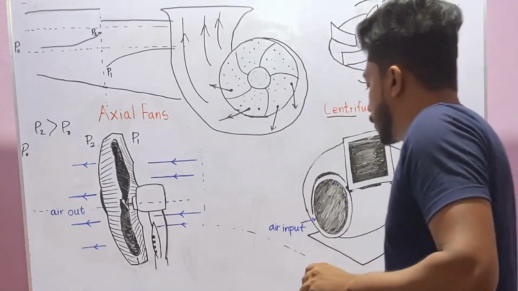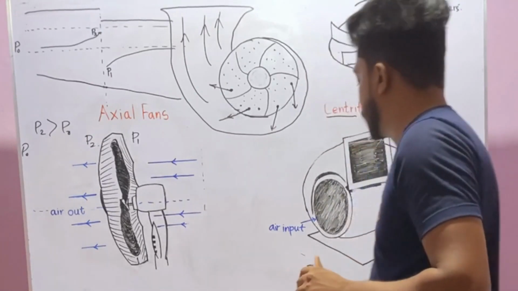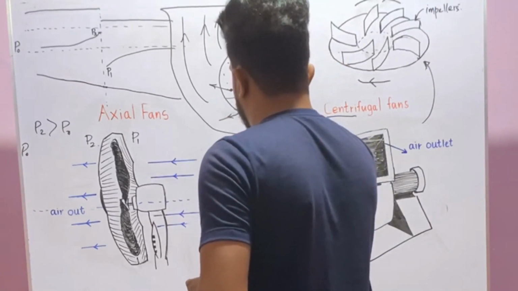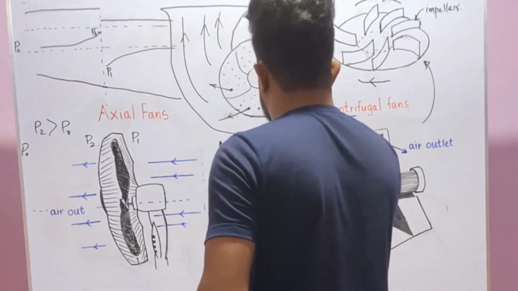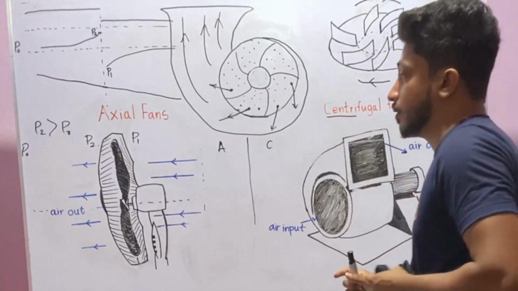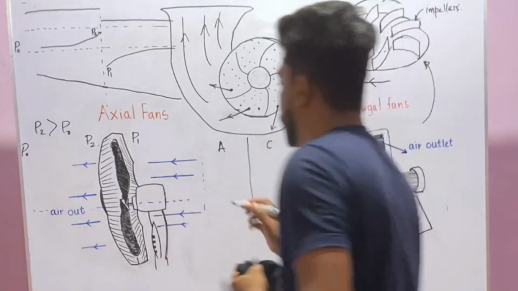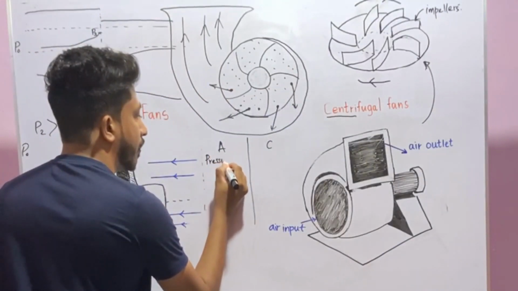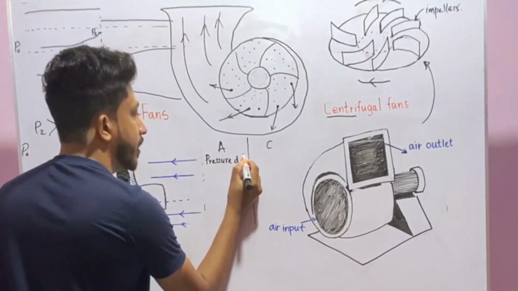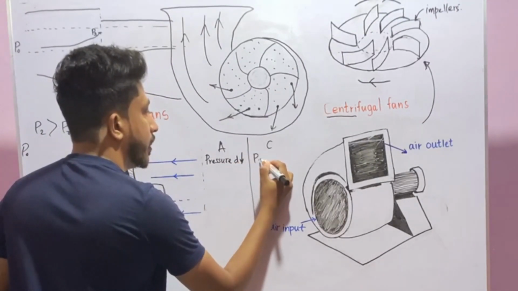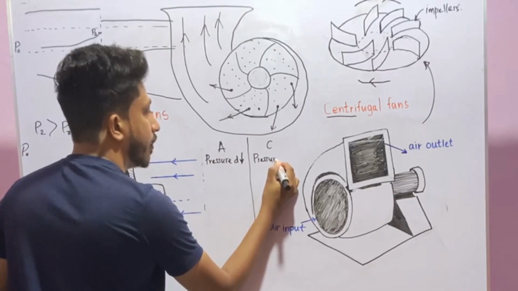Then we can move to the major differences between axial fans and centrifugal fans. In an axial fan, the pressure development is actually low compared to the centrifugal fan.